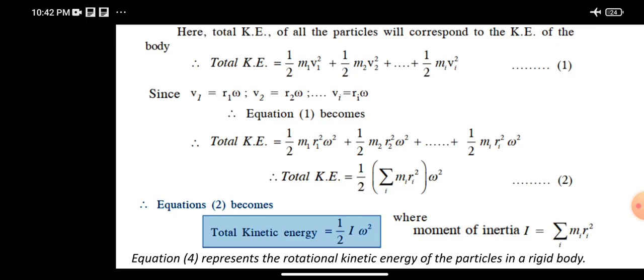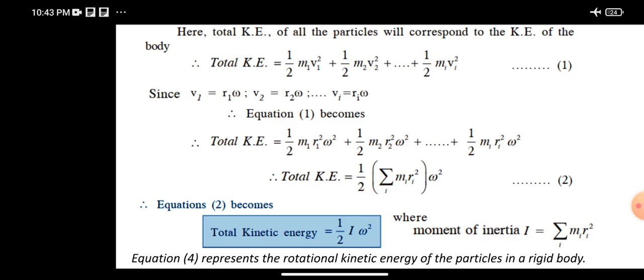Total kinetic energy is 1 by 2 m1 v1 square plus 1 by 2 m2 v2 square, and we don't know how many particles are in the system, so we consider the ith particle. The ith particle kinetic energy is 1 by 2 mi vi square.